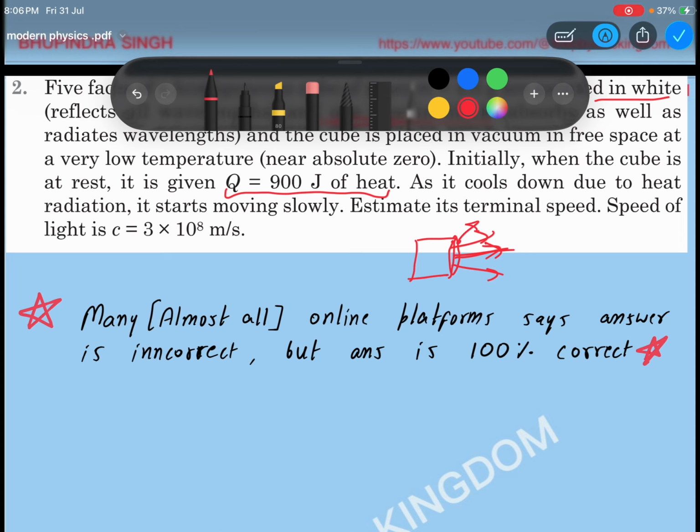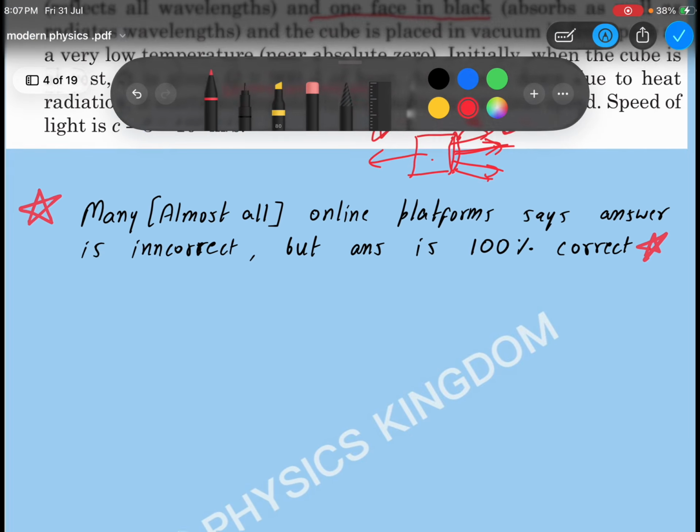If radiations are coming out, what will happen, beta? The radiations carry linear momentum, and by linear momentum conservation of radiation and block, because initially the block was at rest, the linear momentum of the system is zero. Finally also it should be zero. So the block will acquire velocity towards the left, and this velocity we need in a steady state, right? So that is the question.